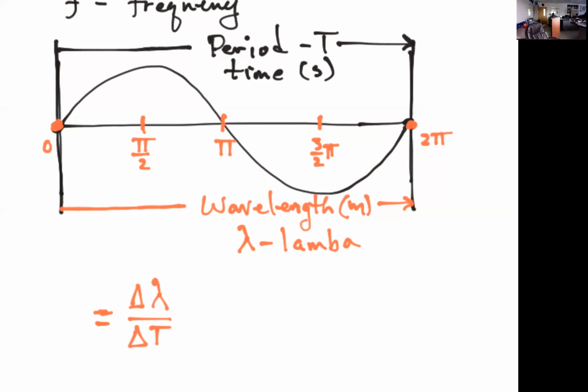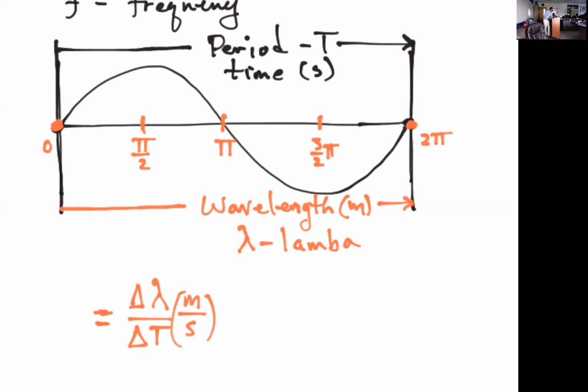I mean, well, what can we call it? That's what I'm really asking. It's not the circumference. What are the units for lambda? Meters. What are the units for period? What do these units represent?